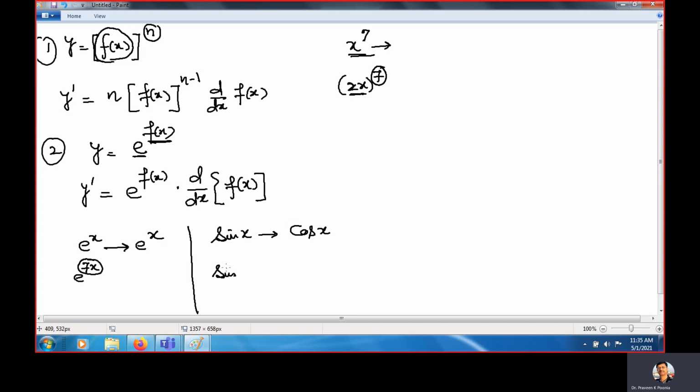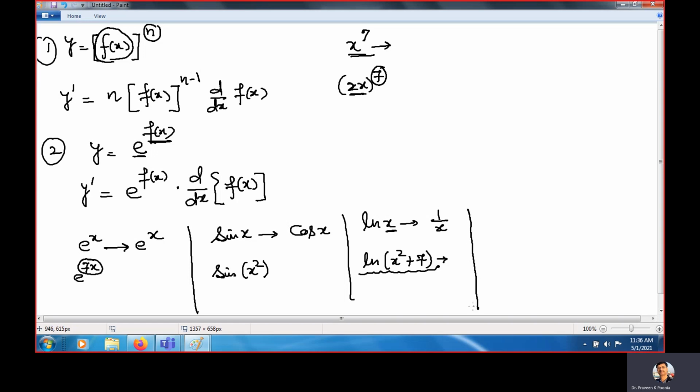But if in place of x, x square is written, then the direct differentiation technique needs to be applied. Clear? If ln x is written, the answer is 1 upon x. But if ln(x square plus 7) is written, then you need to use the direct differentiation technique. This is how we can differentiate various types of functions.